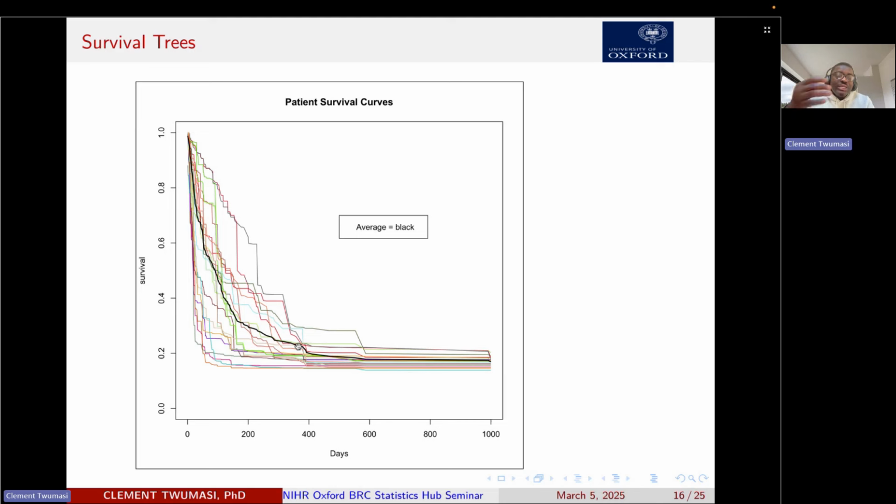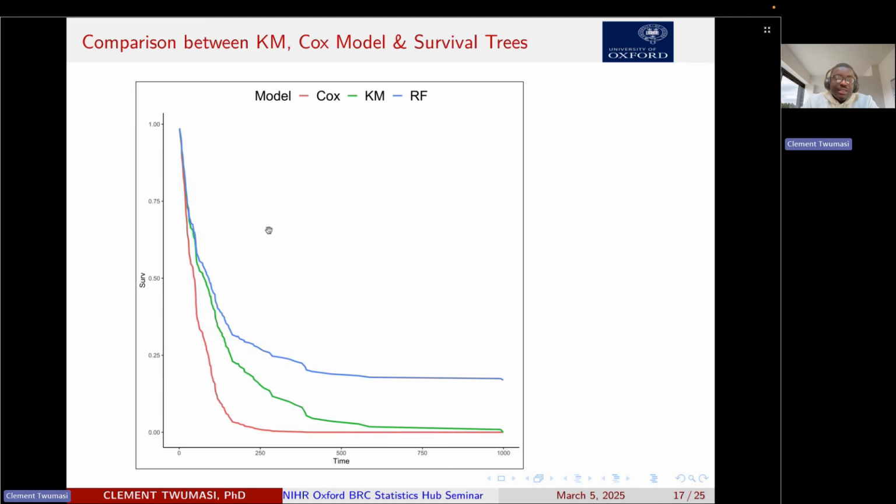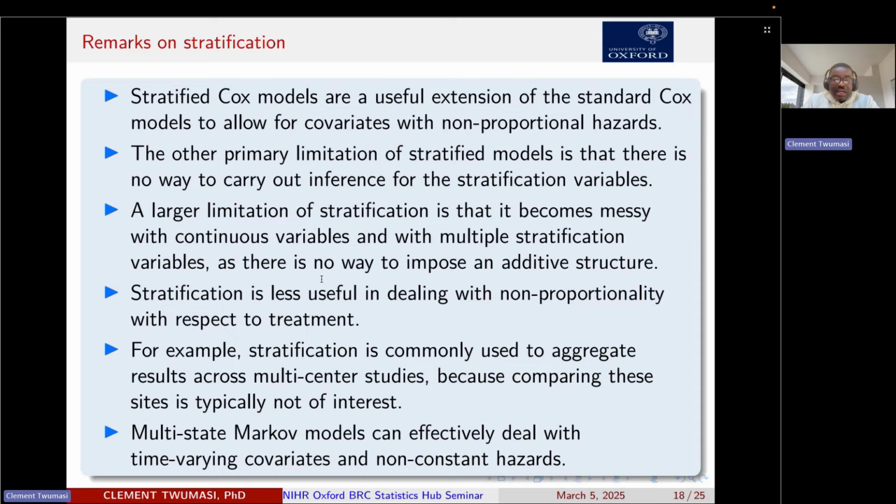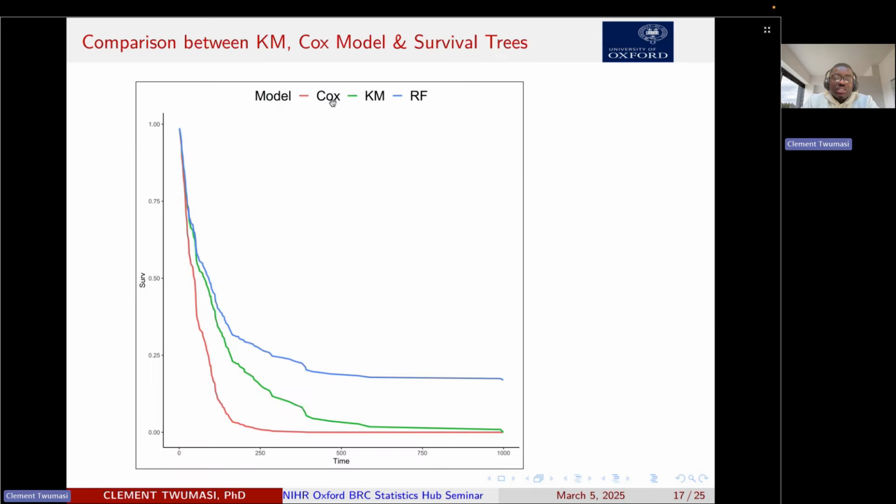It fits a range of different survivor curves, and then you find the average. Here I compared a Cox model's survivor curve, a Kaplan-Meier survivor curve, and a random forest-based survivor tree. This is just an example of how they are comparable.